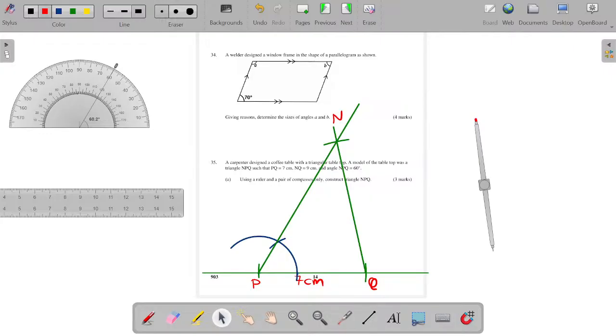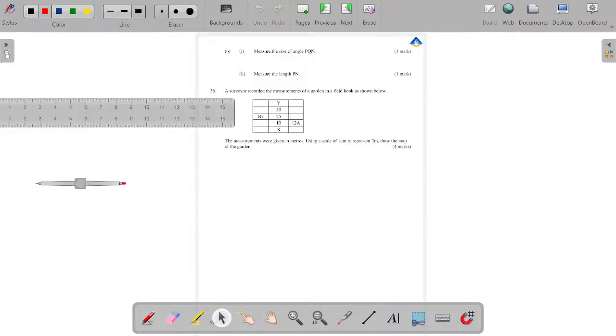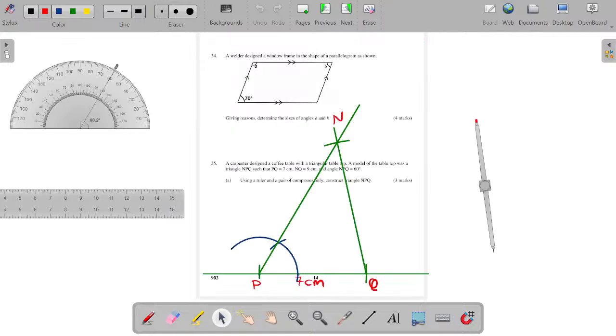The next one is say measure the size of angle PQN using a protractor. I'll move my protractor.